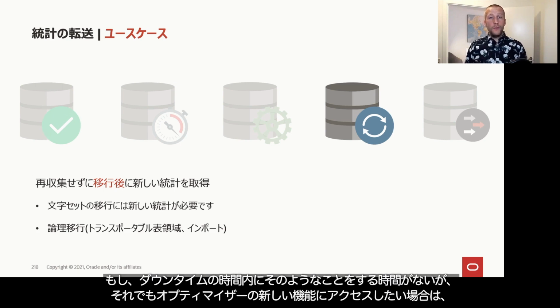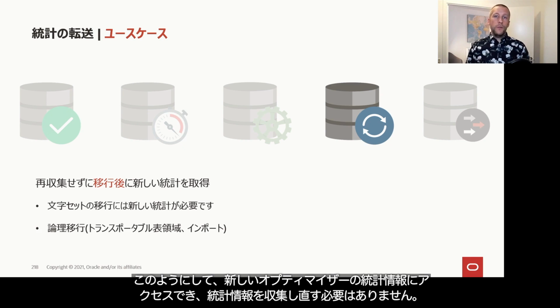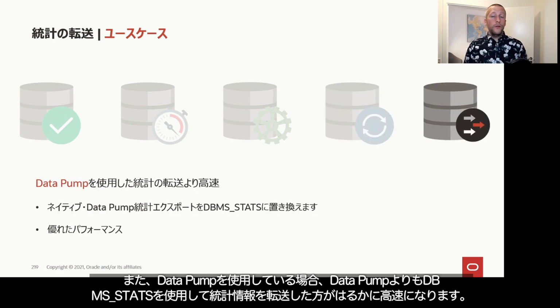If you don't have time to do that within your downtime window, but you would still like to get access to those new optimizer features, you can transport statistics from a comparable test system, it has to be comparable, into your production database, thus getting access to new optimizer statistics, but without having to regather them. And also, when you use Data Pump, it is much faster to transfer your statistics using DBMS_STATS than Data Pump.